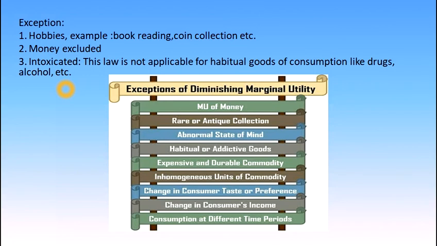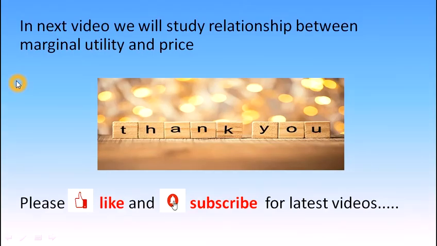They will keep on consuming more and more. So these are certain points where the law of DMU is not applicable. That means the law doesn't hold true, and the marginal utility will not fall. So now we are done with our law of DMU.